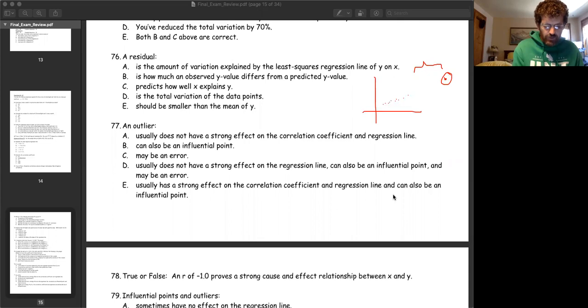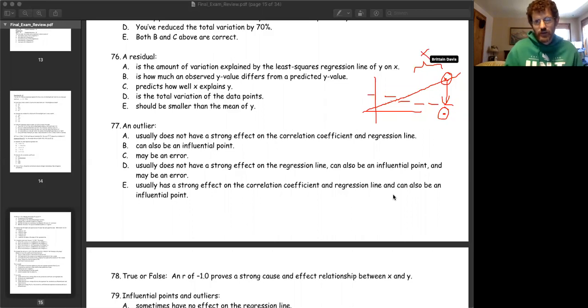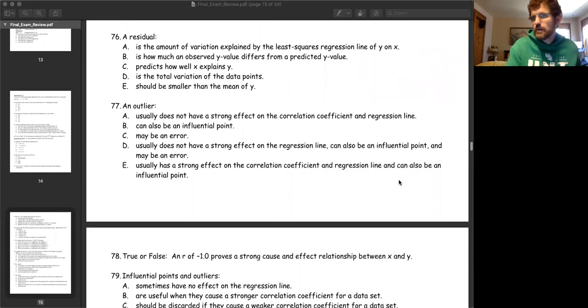But if this point was moved down and now it's sitting right here, then that would be high leverage, an outlier, and it would be influential because that would be the trend line without that point, and then it probably changes it to something more like this. So influential means it changes your regression equation. Leverage means it has a big change in the X direction. Outlier means it's pretty far off from what we'd expect based on the rest of the data as far as the residuals go. Okay, good review stuff with that.